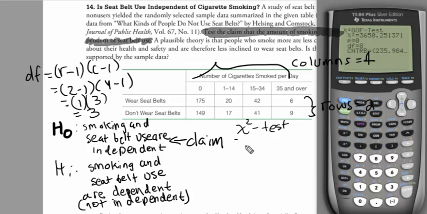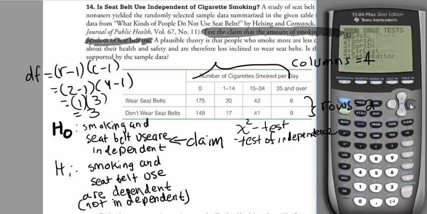So we use the chi-squared test for a test of independence or homogeneity, which I will get to in the next example or two. So go to stat and then test and chi-squared test.